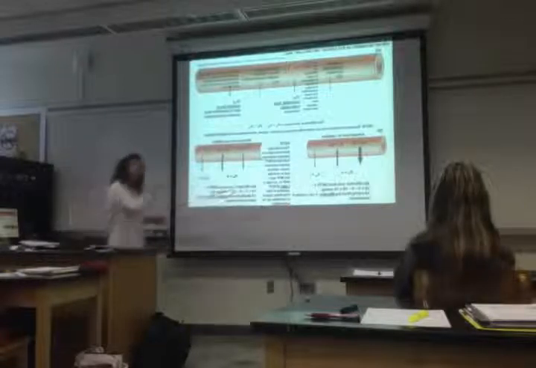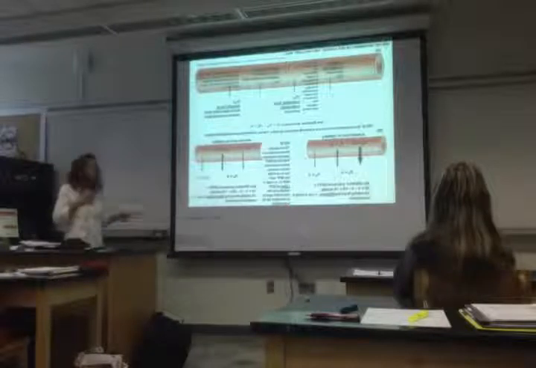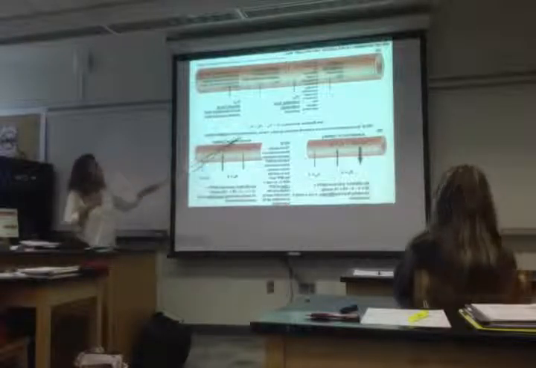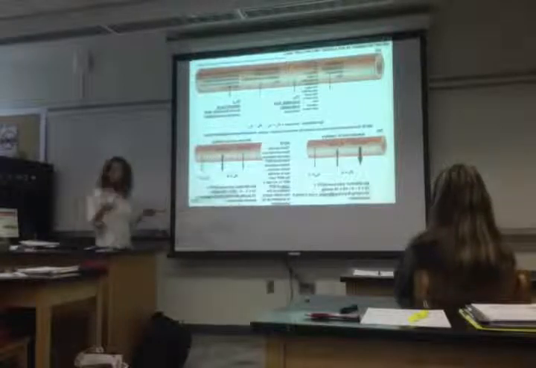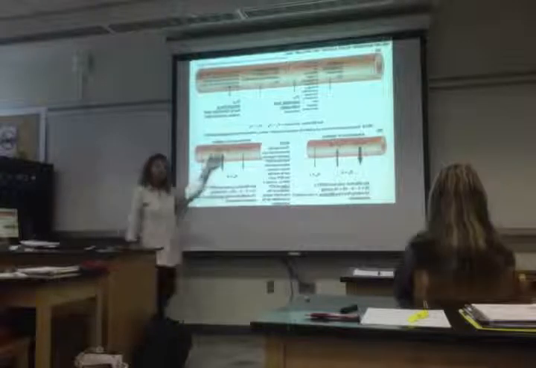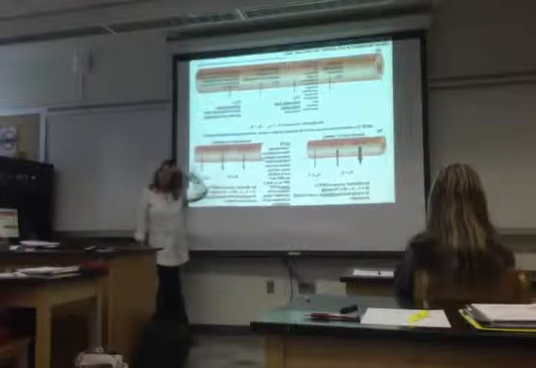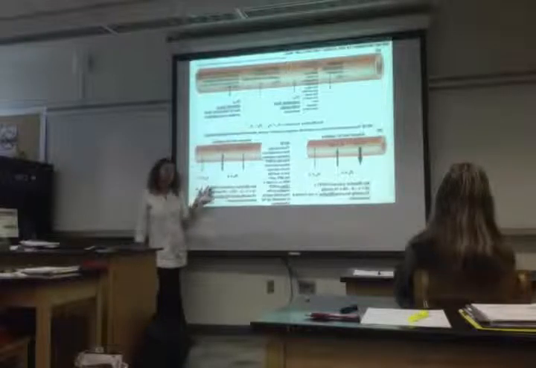So if overall the math comes out to be some negative number, remember our arbitrary assignment of negative numbers, we're going to be moving inward. So overall, fluid is going to want to move in on the venous end of the capillary. Does this make sense based on what we know so far about capillary beds?